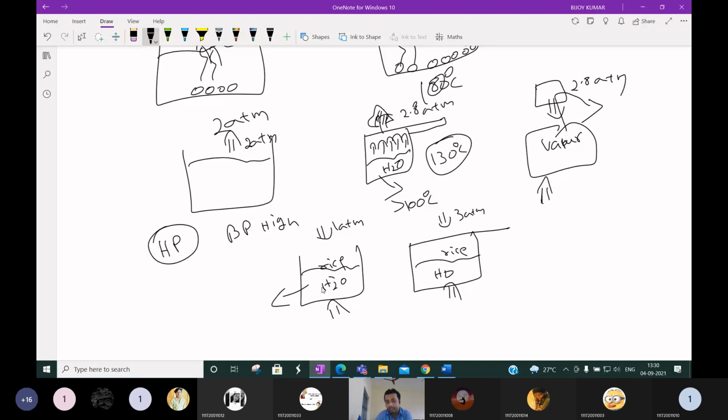Here the boiling point of water is 100 degrees centigrade. Yes or no? Here the boiling point of water will be more than 100 degrees centigrade. Suppose the boiling point of water is 140 degrees centigrade. Then why, if the boiling point is higher here, why is the rice preparing very quickly here? You got my question?